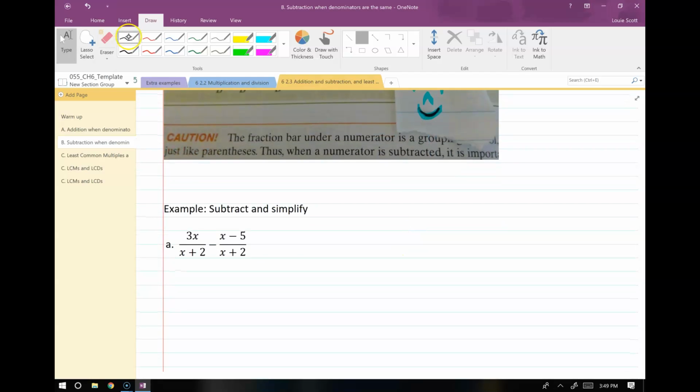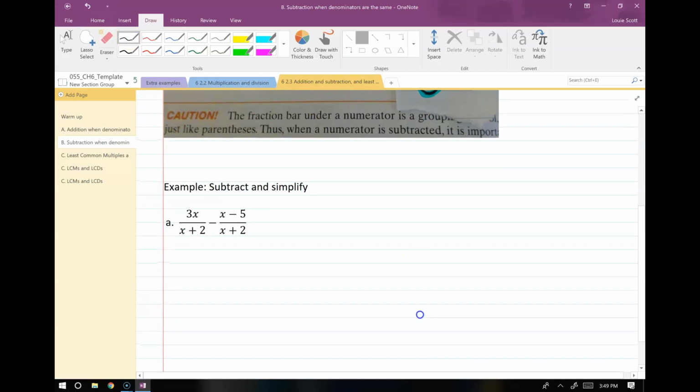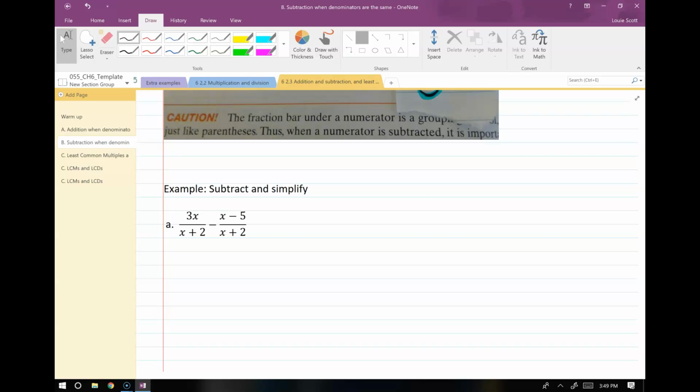I'm going to skip through most of this too, because the really weird stuff is coming up, and I want to give a little more lecture time to that. Just the particulars to remember about subtraction. It works exactly the same as addition. The thing that will trip you up, though, is that whatever's in the second denominator, you have to make sure you put that in parentheses, with the negative outside.